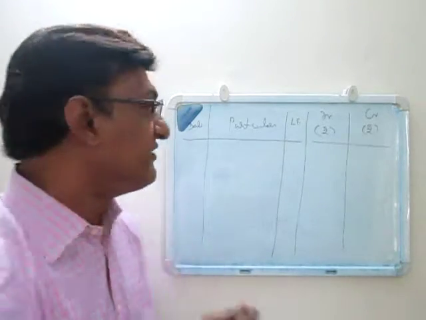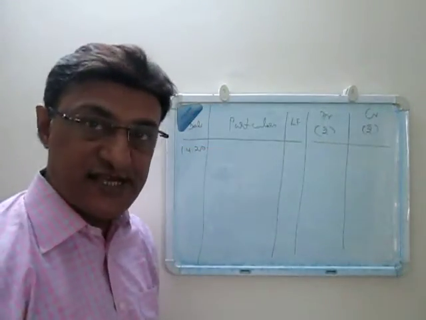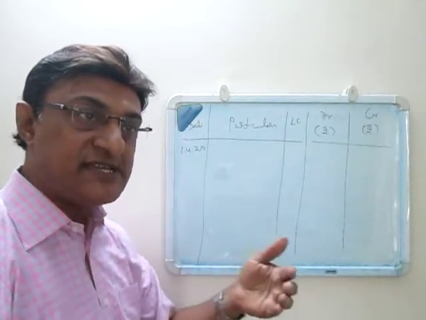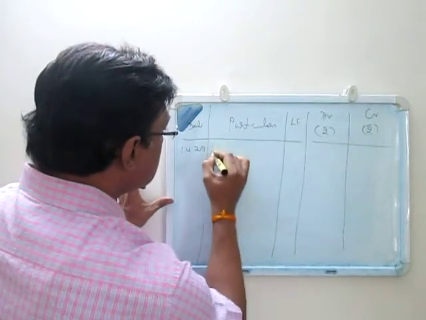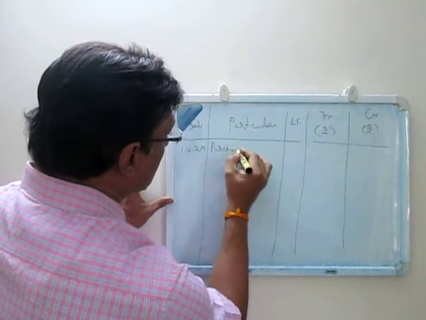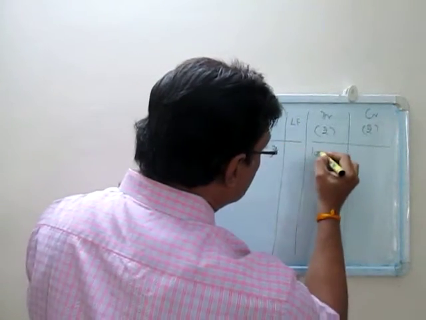Now let us say on the 1st of April 2020, there is a purchase of goods. The purchase is made from a dealer who is within the same state. Purchases account debtor, 1 lakh.